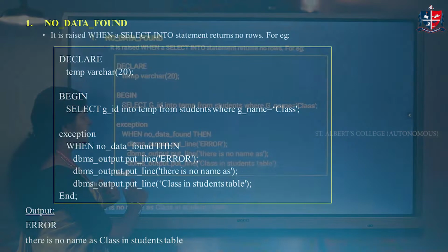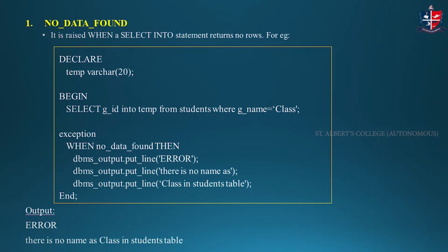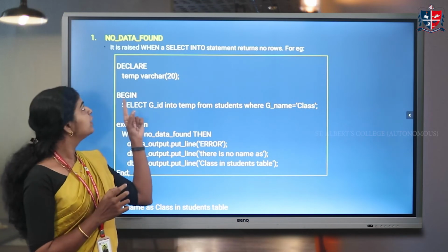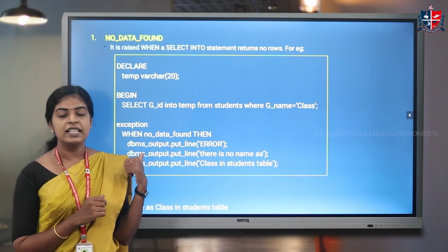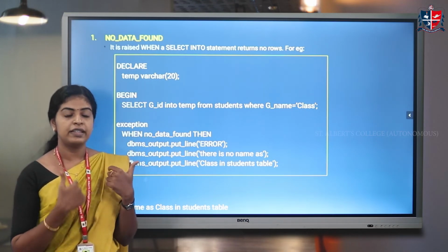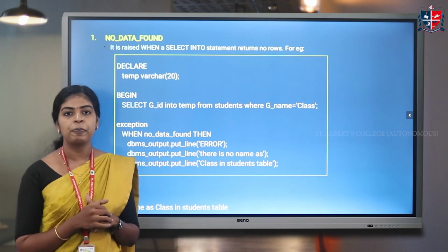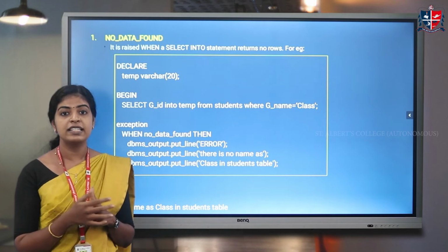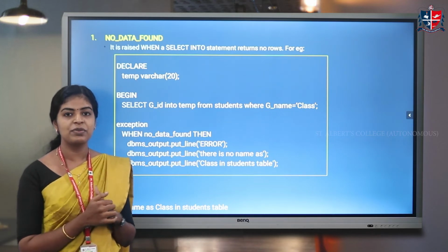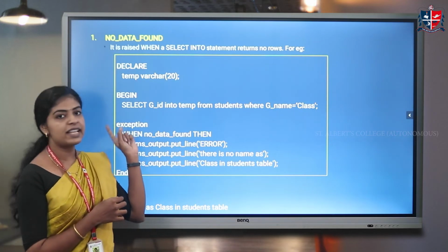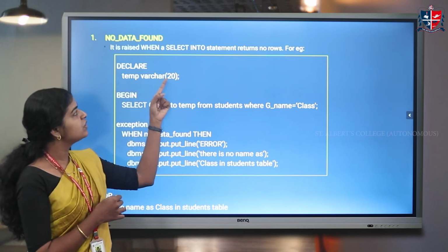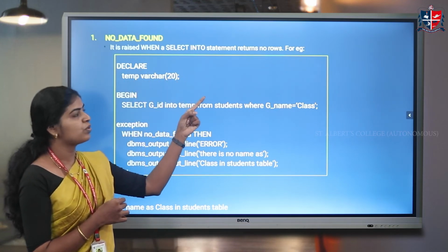After that, we can discuss some kinds of system defined exceptions. First one is no_data_found. This exception occurs when I execute my program and I don't get any values from my database. It is raised when a select into statement returns no rows.